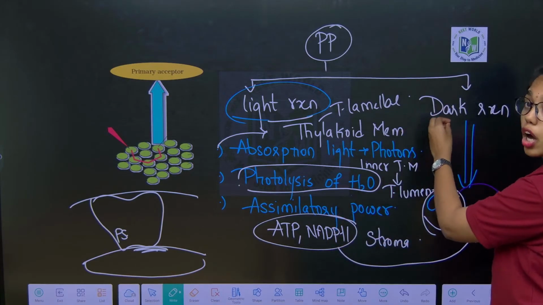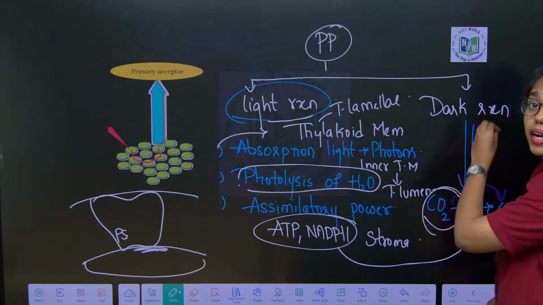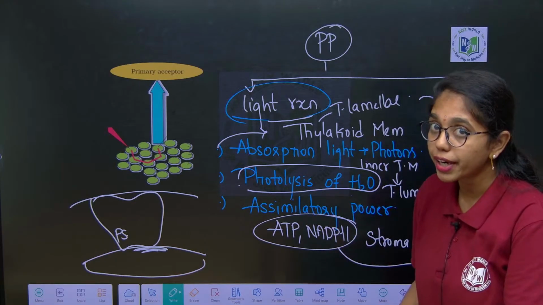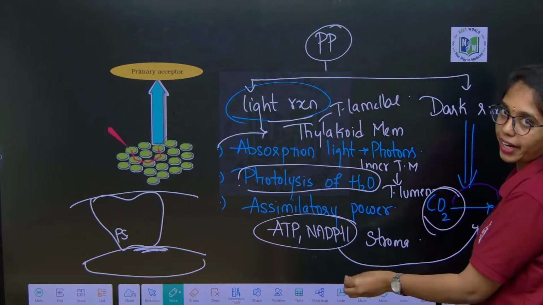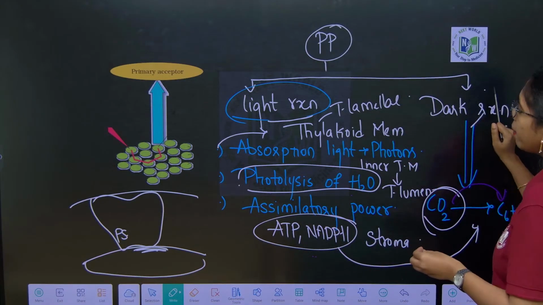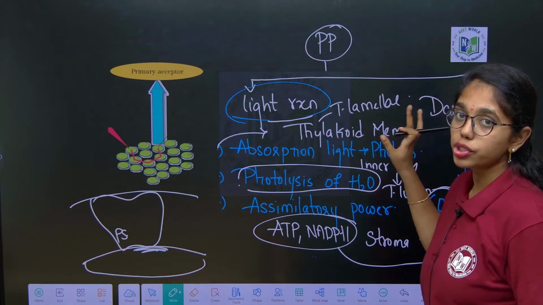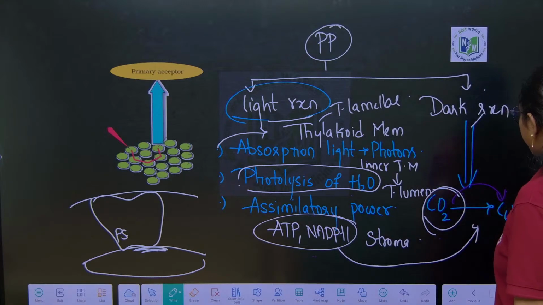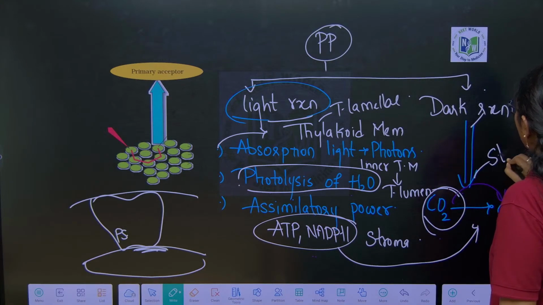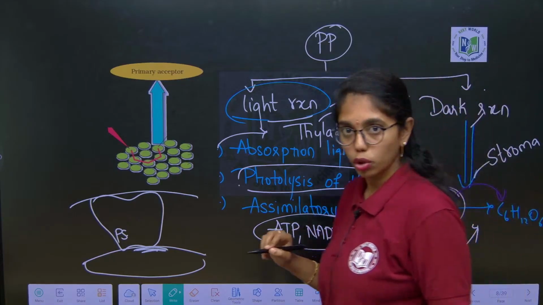That is why we call this light independent reactions, because it is not dependent on light but dependent on the products of the light reaction. Calling light independent reaction a dark reaction is a misnomer. Here carbon dioxide is reduced to glucose, and this happens in the stroma of the chloroplast.